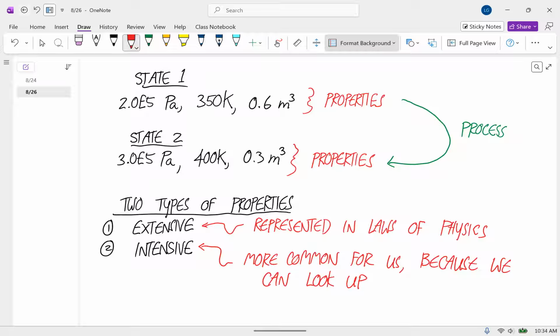There are similar relationships that we can use to relate intensive properties. The ideal gas law is only one of them, but we're going to use website calculators and stuff to be able to look up these intensive quantities. But eventually, we're going to have to relate these intensive quantities to extensive quantities because those are the ones that show up in the laws of physics.